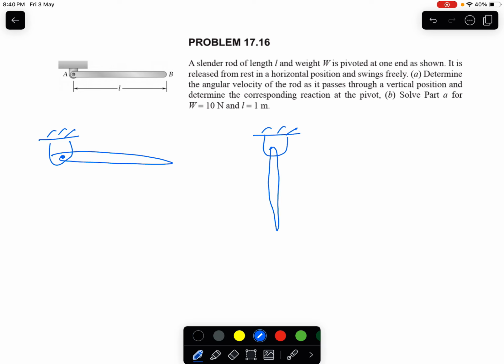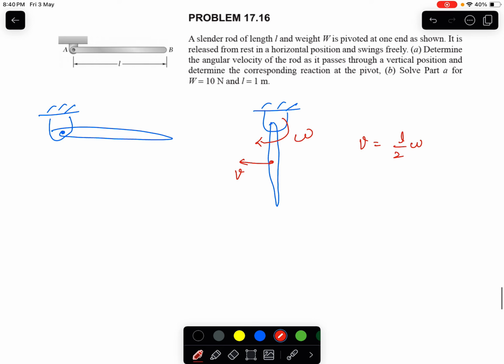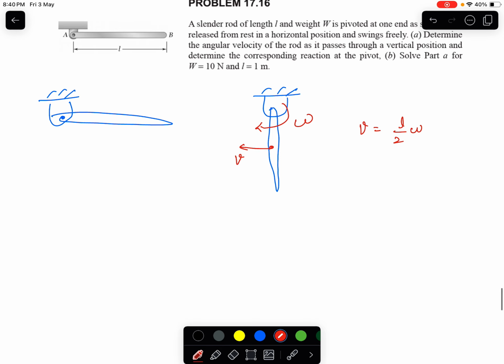So in this condition, let me call this omega. The center of mass would be having some velocity v, and we know that v is nothing but L by 2 times omega. Here omega is 0, and so velocity is also 0.